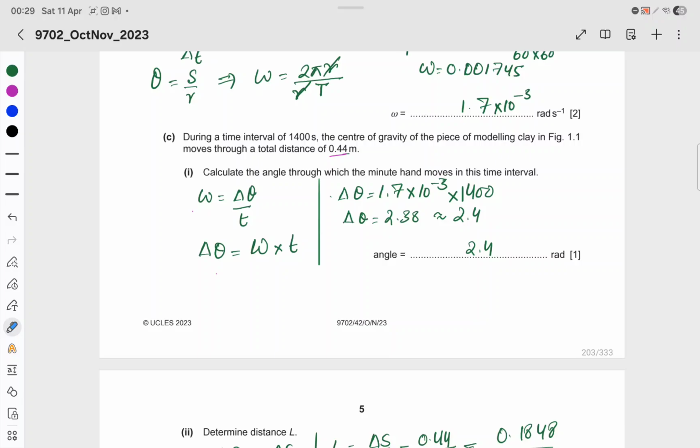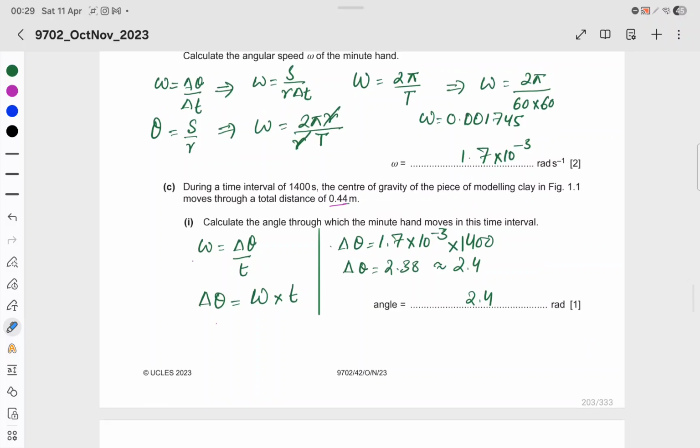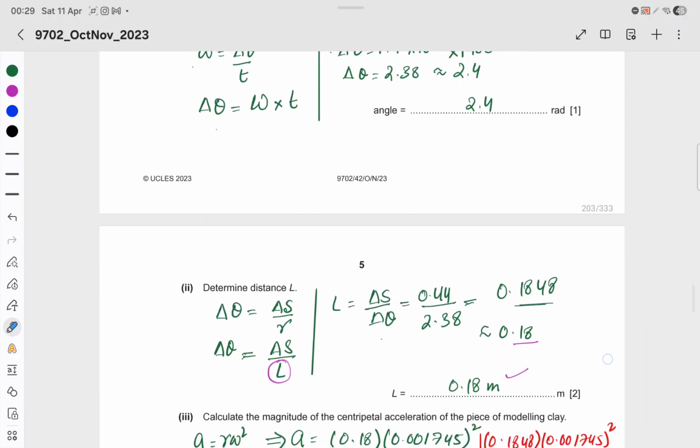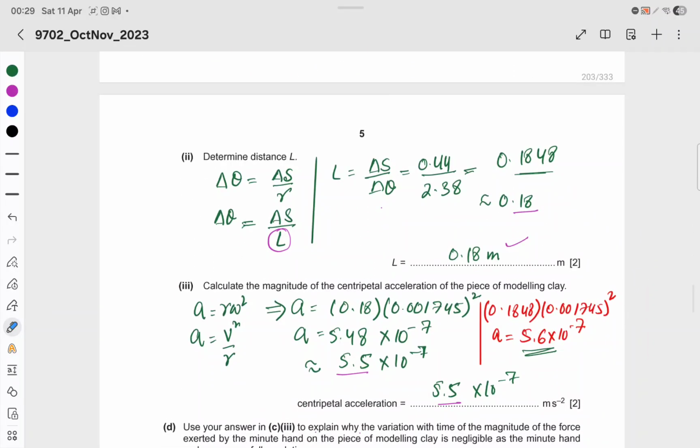We know the formula: angular speed equals angular displacement over time. So angular displacement, which is the angle, is omega times time. Omega we already found, 1.7 times 10 to the power minus 3, and time given is 1500 seconds. So we have 2.38, which to 2 significant figures is 2.4. Determine the distance L, which is actually r.